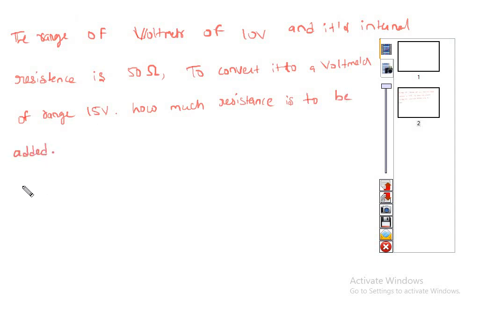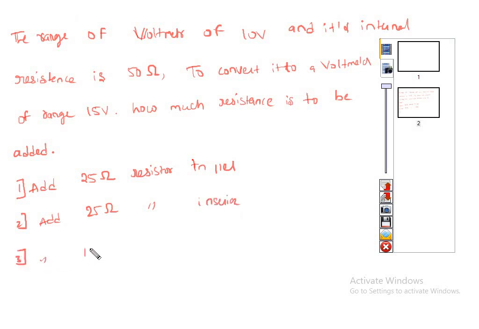First one, add a 25 ohm resistor in parallel. Second one, add a 25 ohm resistor in series. Third one, add a 125 ohm resistor in parallel.